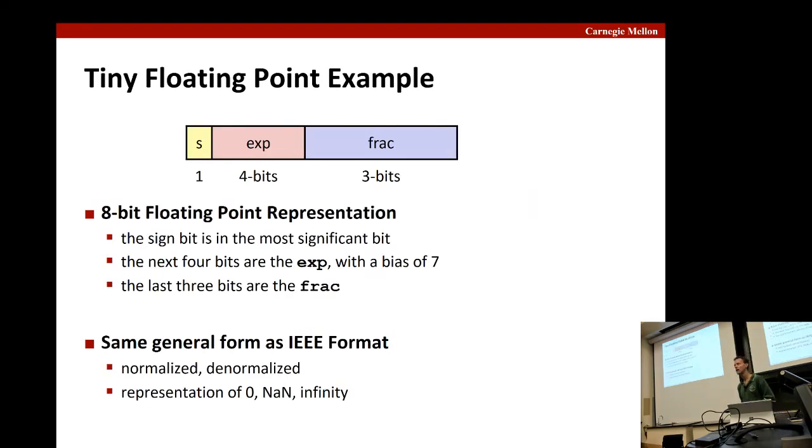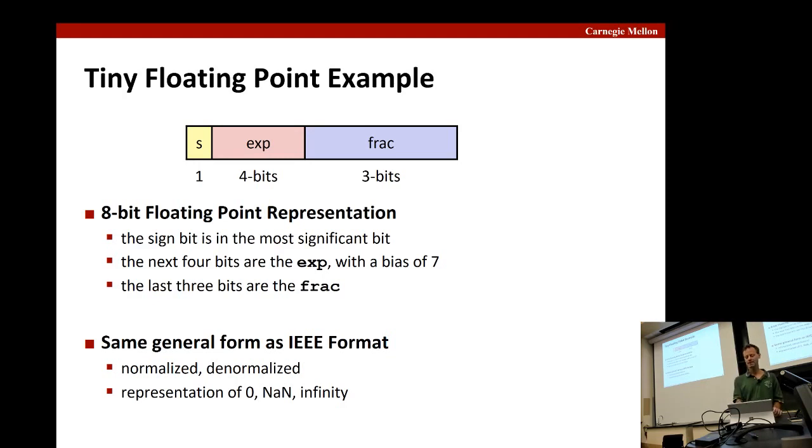Okay, so just to look at some examples, we're going to view very short floating point numbers. We call them tiny floating point numbers. Let's suppose you're trying to represent an 8-bit floating point number, and so we're going to allocate 4 bits for the EXP and 3 bits for the fraction.